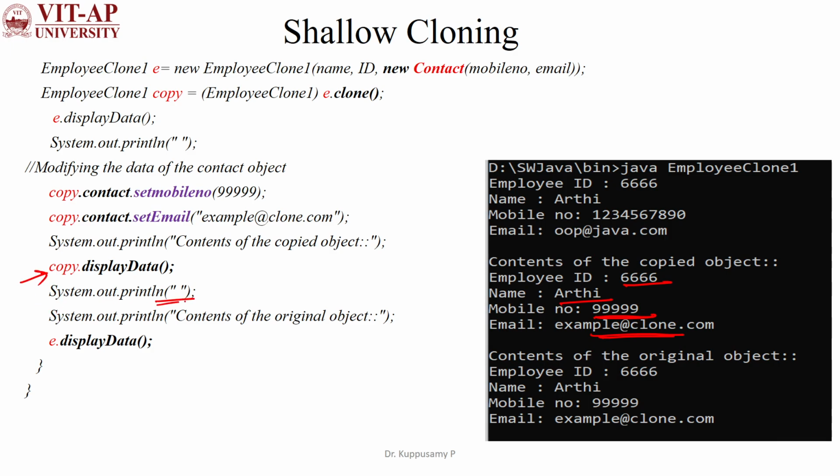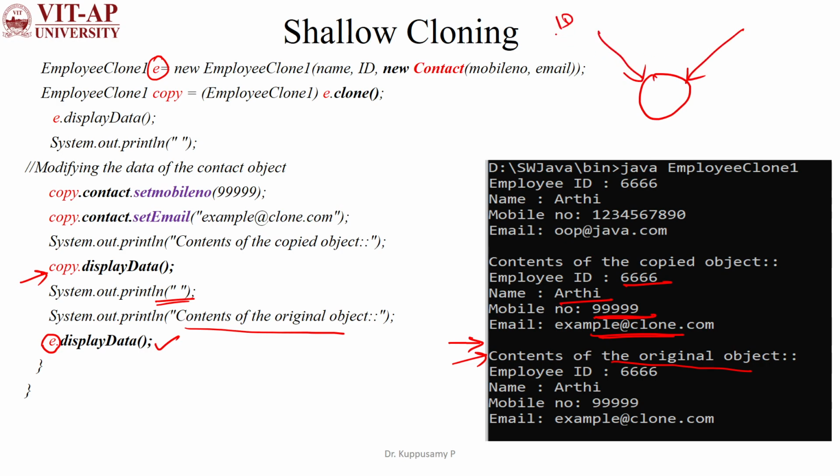Then again we are printing an empty line, then the contents of the original object. We are calling again the same original object we have created. You see, as of now what happened, right? The contact object is shared by two objects.